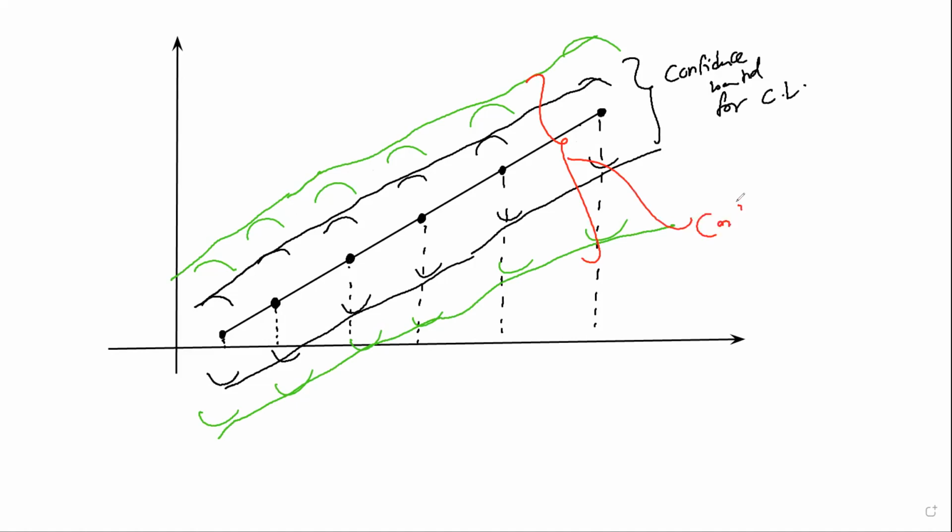This is the confidence band for prediction limits. Some people say prediction band, just because this is drawn for prediction limits. But it doesn't matter. You have to know how to construct the limits and what you mean by the band. It's just a matter of joining all these. So you can say prediction limits are wider than confidence limits.